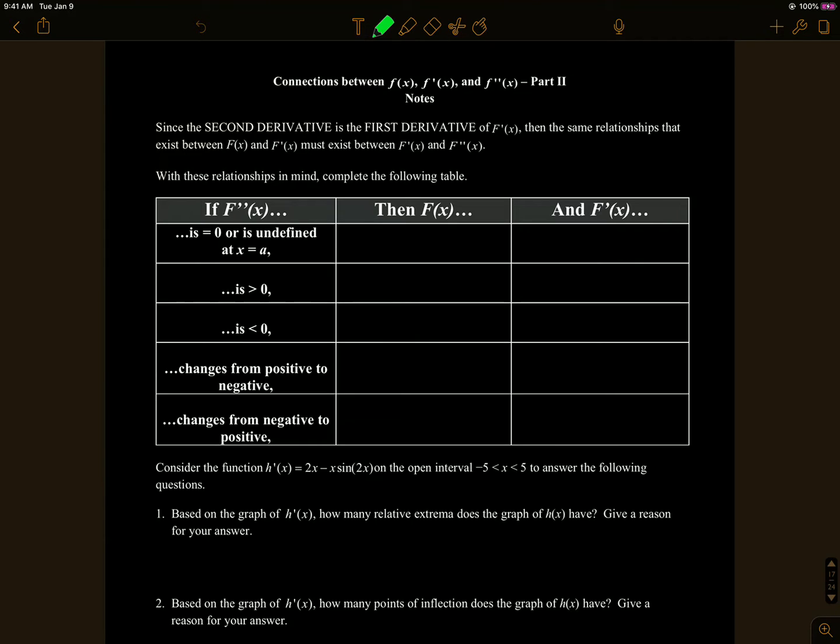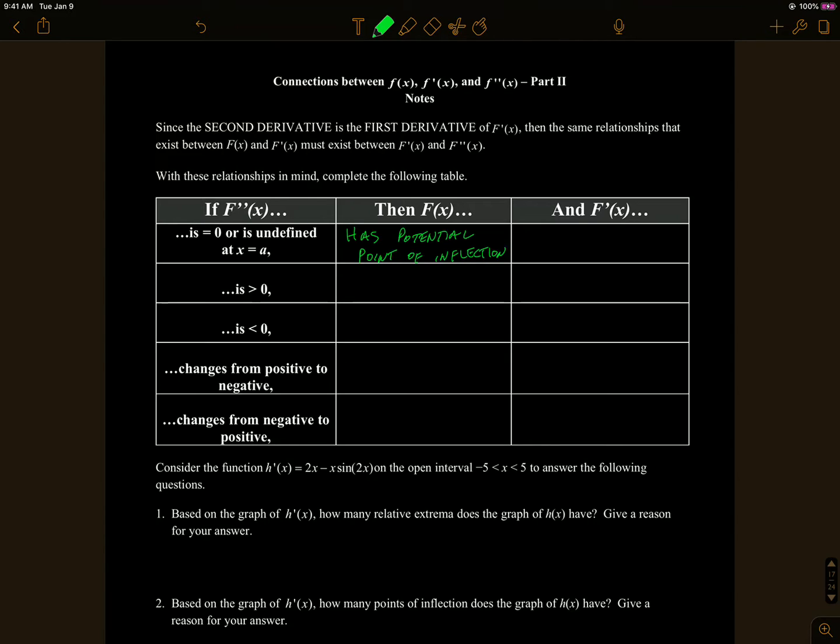If we know that the second derivative is equal to 0 or undefined at a certain x value a, then we know, just to review, that f of x has a potential point of inflection, and that's where the concavity switches from concave up to concave down, or from concave down to concave up.